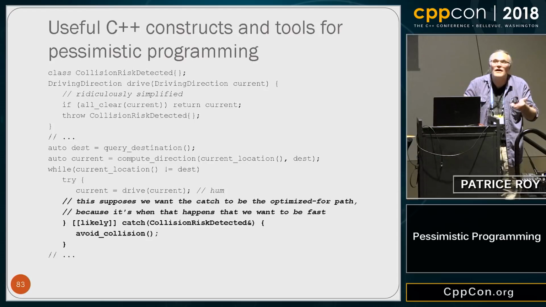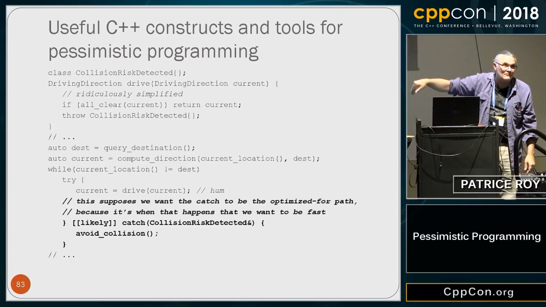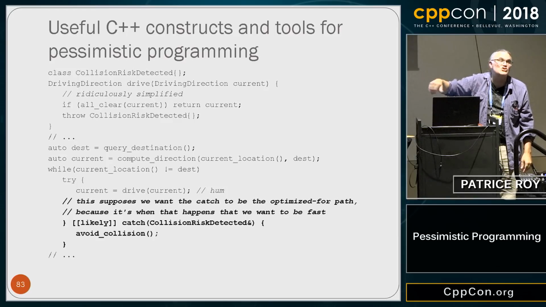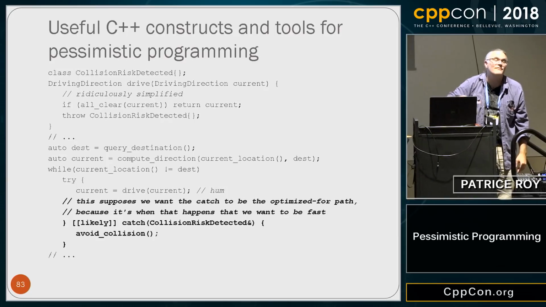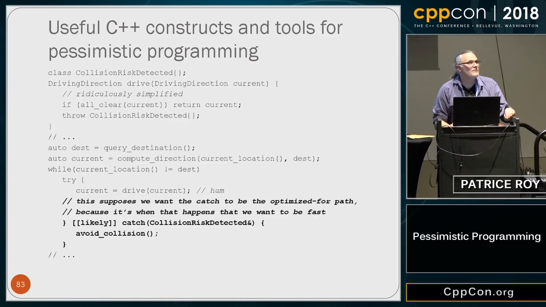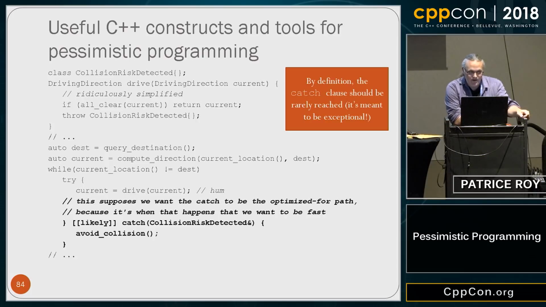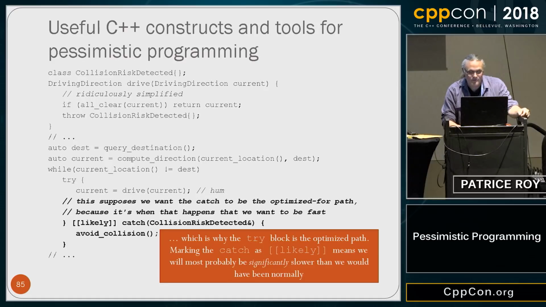But if it's your API, you're stuck with it, use it. So this would make your performance go down. It's a very, very bad idea. But should you find yourself in such a situation, that's the tool for you. I hope nobody will tell me that they did this and it made their program slower, because I know. By definition, you shouldn't get there in the first place. But, you know, when that happens.